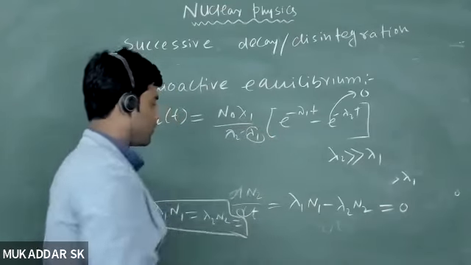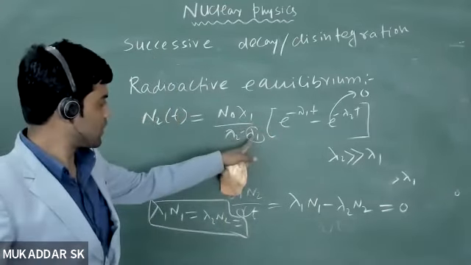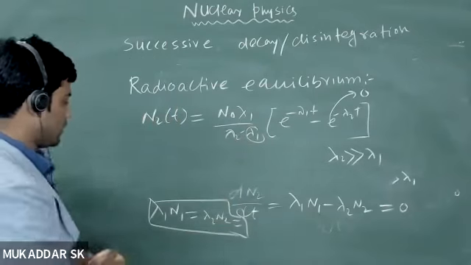Lambda 2 minus lambda 1, lambda 2 is much greater than lambda 1, this will be ignorable. So I can ignore that.